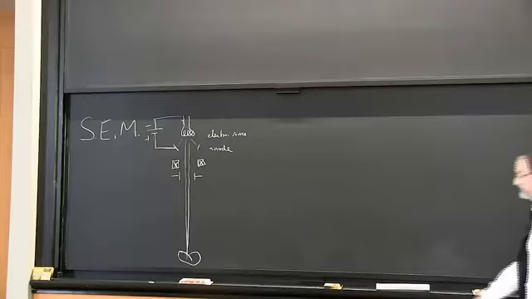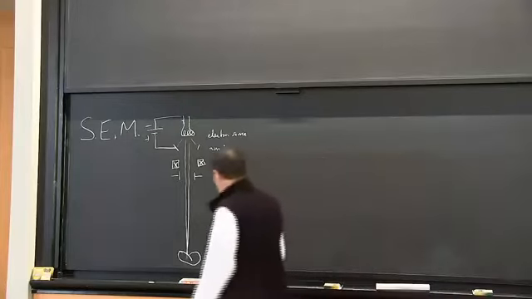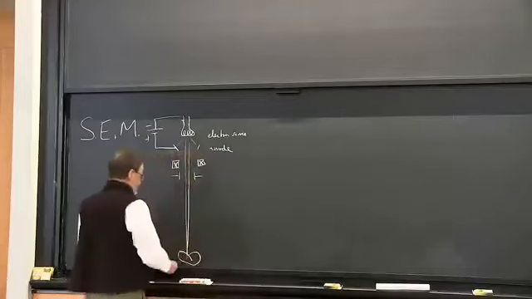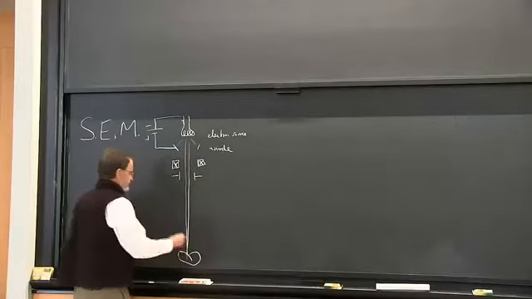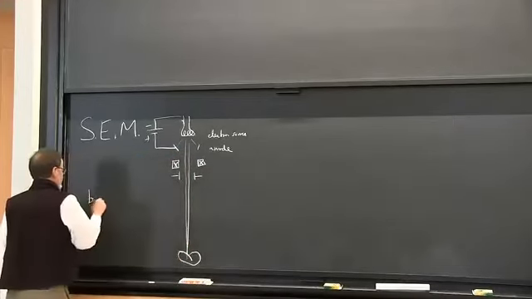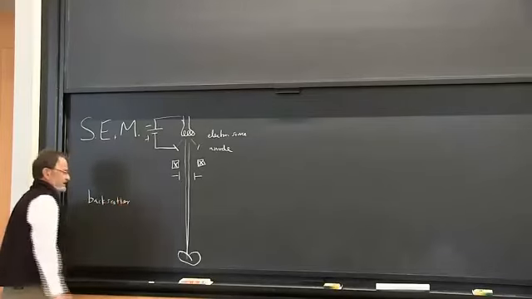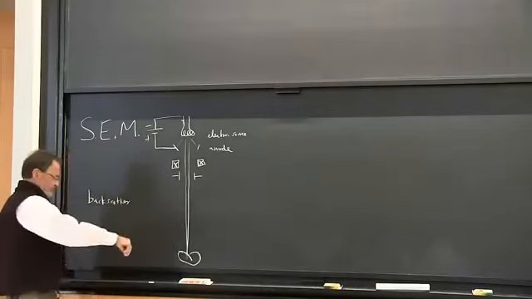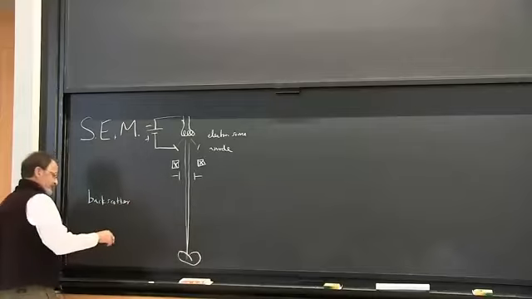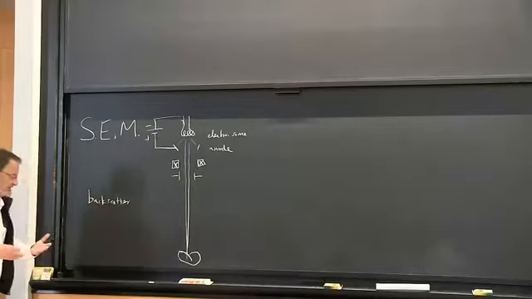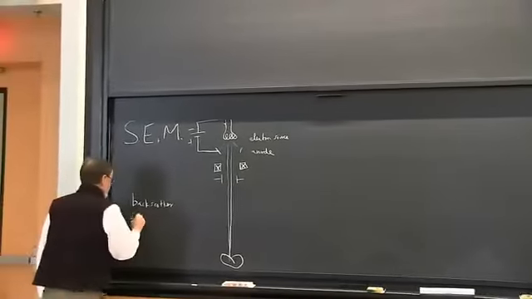And then what do you do? Well, the electrons hit that object, and some of them bounce off. So we have backscattered electrons. But most of them penetrate, and in the process they lose energy and create secondary electrons.